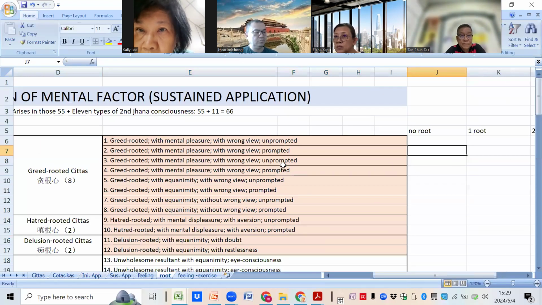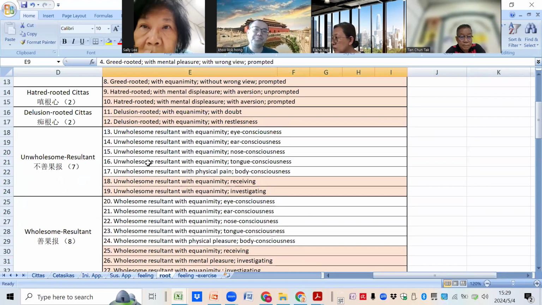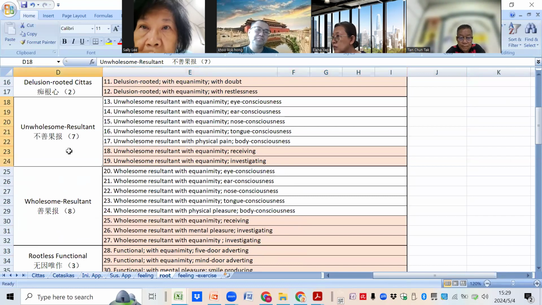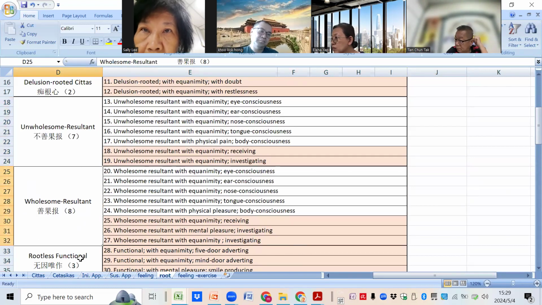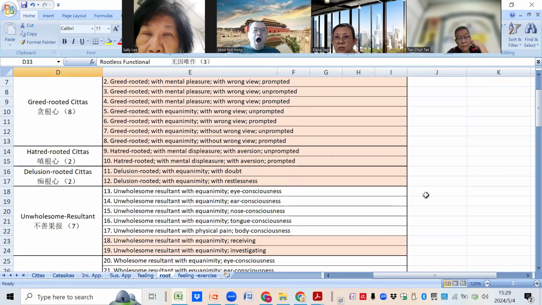You see, 18. There will be 7 unwholesome resultant, 8 plus 3, total 18 here. So they are considered no root here. Why?